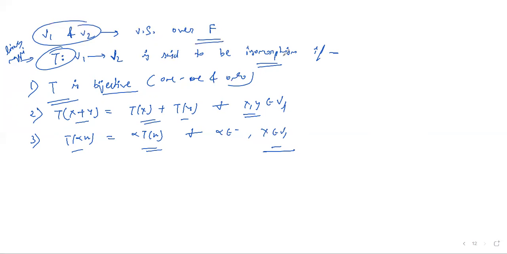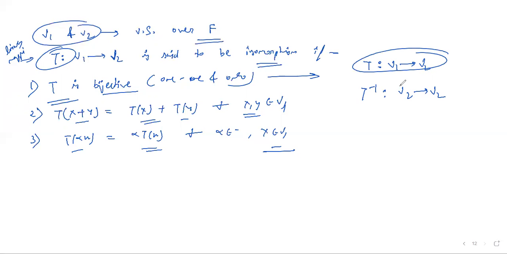Now, as this linear mapping T from V1 to V2 is bijective, it contains an inverse. So we can also write the inverse as T inverse, which will be from V2 to V1, and these are linear mappings. So T is going from V1 to V2, and the inverse exists from V2 to V1.